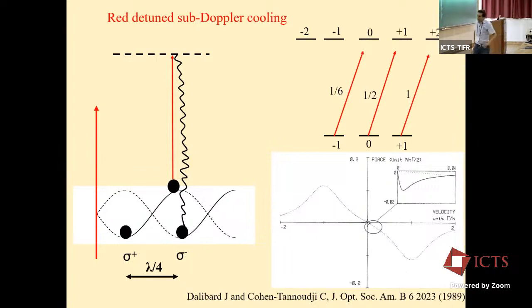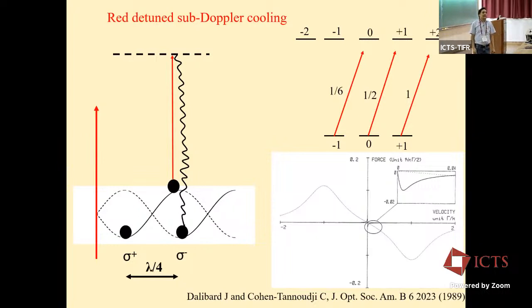Yeah, that's a very good question. I want to add one more thing. Sub-Doppler cooling at type 1 transition is said to be very fragile with the magnetic field. If you have a stray magnetic field, the sub-Doppler cooling at type 1 transition goes away.